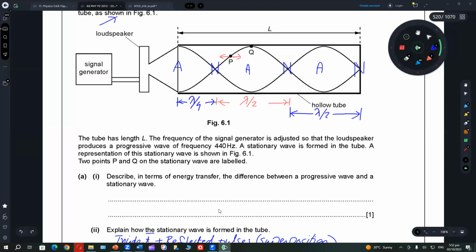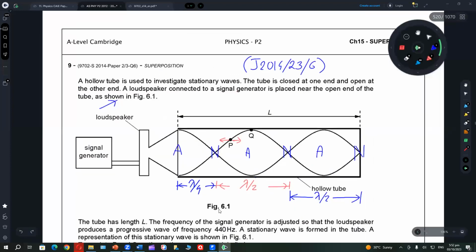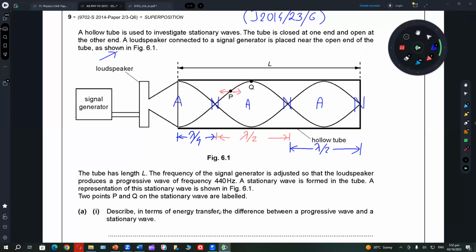Node to node will be 1 by 2. So 1 by 2 plus 1 by 2 plus 1 by 4, which is 5 by 4, then times 0.75.